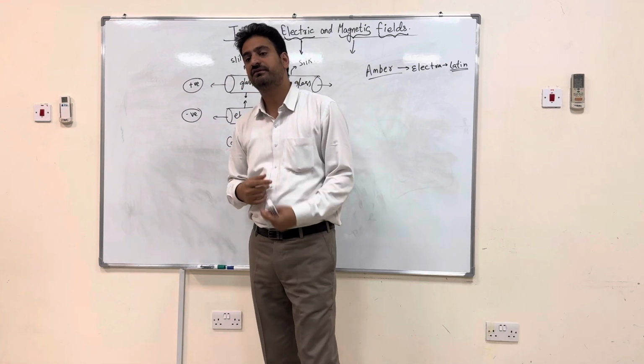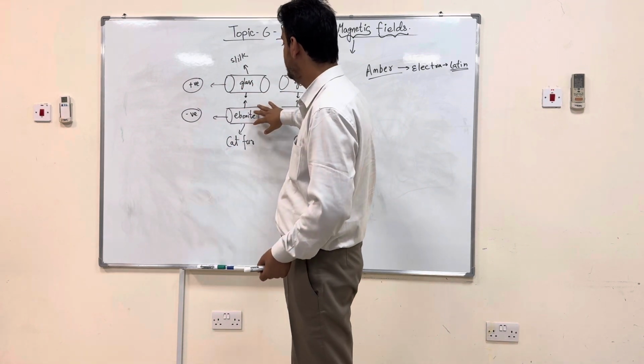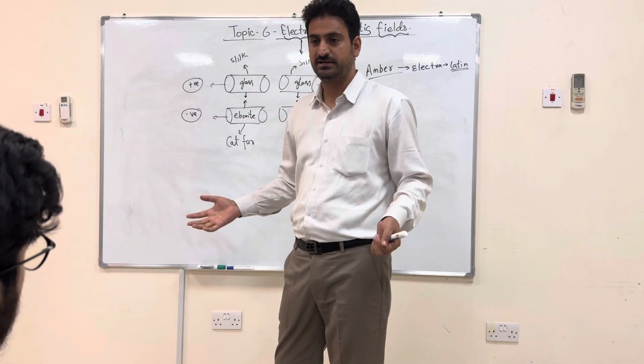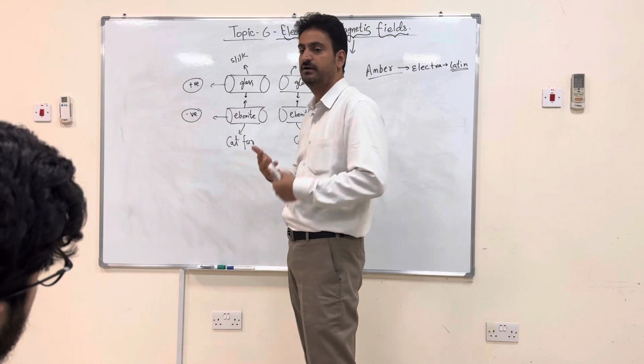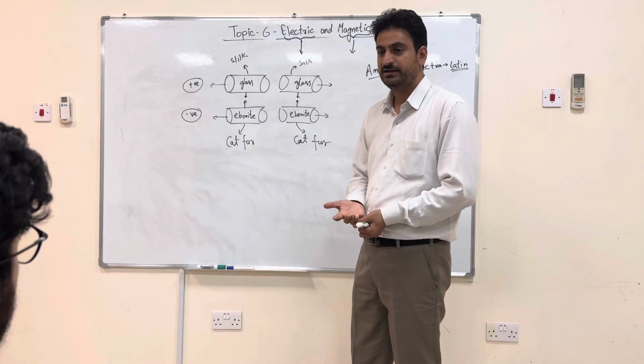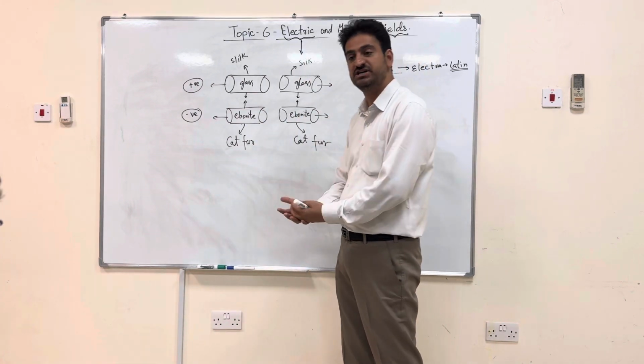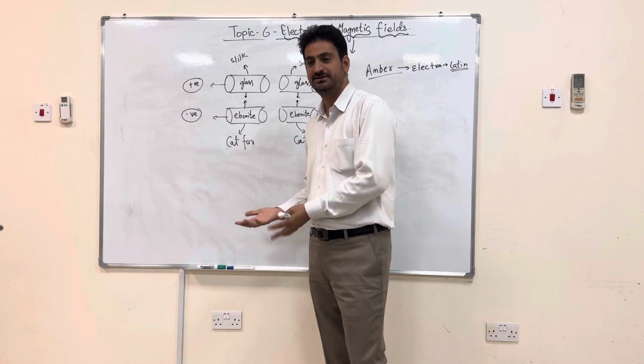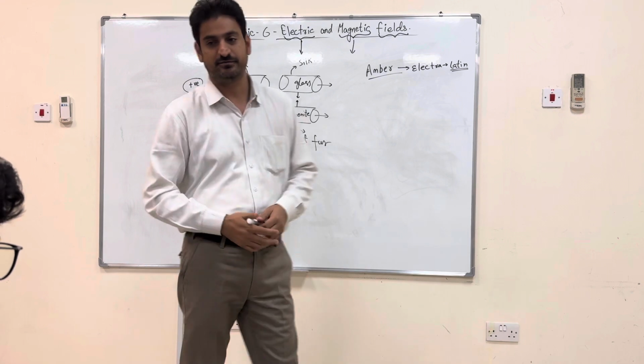So if somebody asks you why ebonite is negative, you say because of convention. A negative charge is not a bad charge, not an evil charge, not an ugly charge, it's just another kind of charge. One has to be positive, another has to be negative.